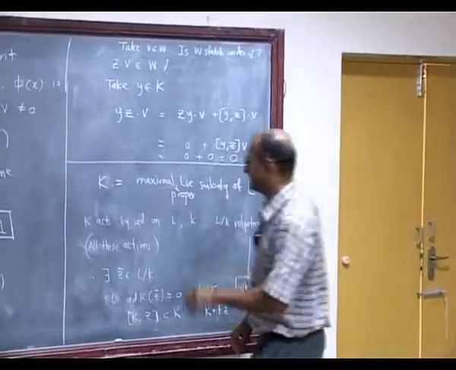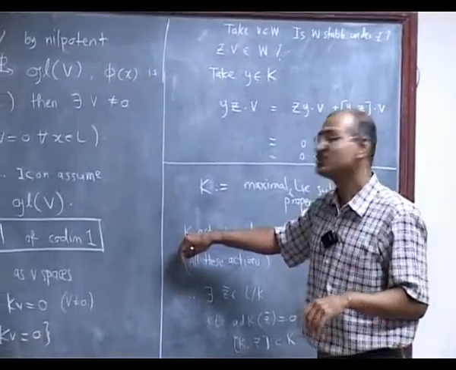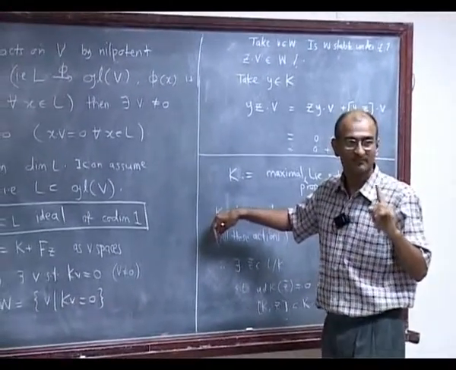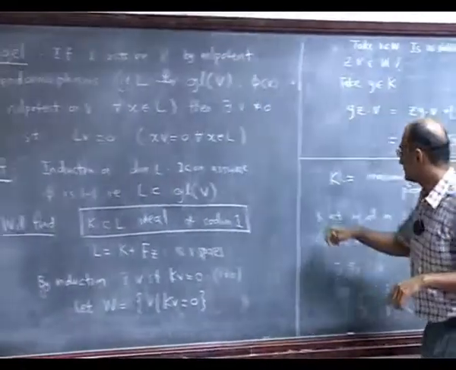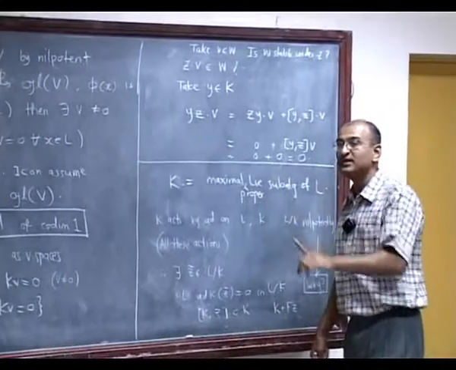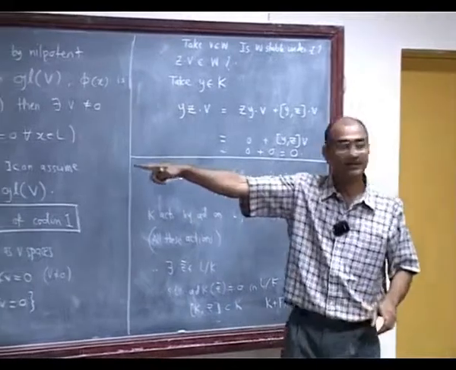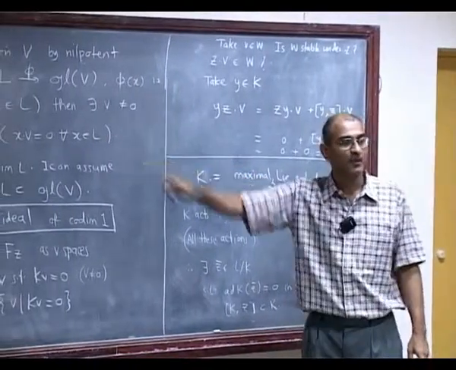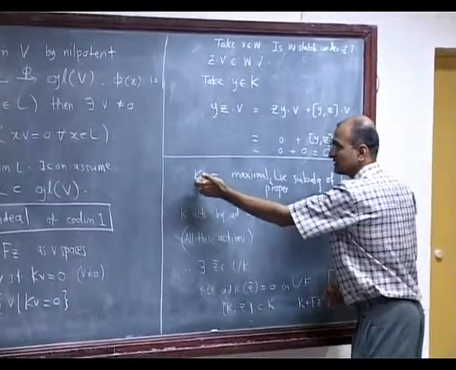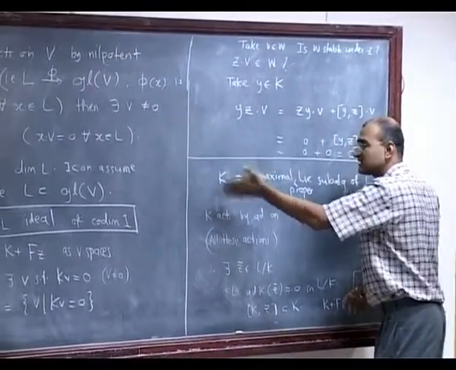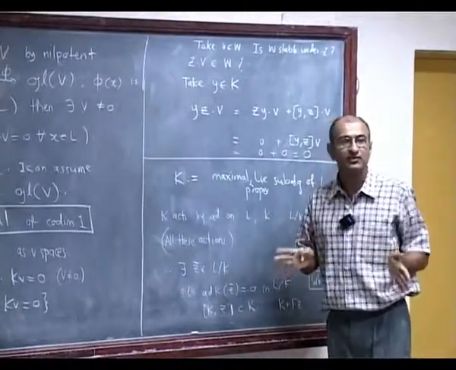All right. So take an operator in k and let us call that x. It is in GLV, right. It actually sits inside GLV. That is why I wanted to have it both ways here. So it acts on V in a nilpotent fashion. Therefore, it acts on GLV in a nilpotent fashion by the fact that I am still yet to prove. But under this adjoint action, because my operator sits inside k, and k is a Lie algebra, and in fact it sits inside L, which is also a Lie algebra.